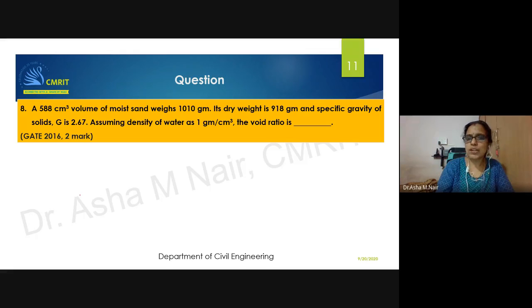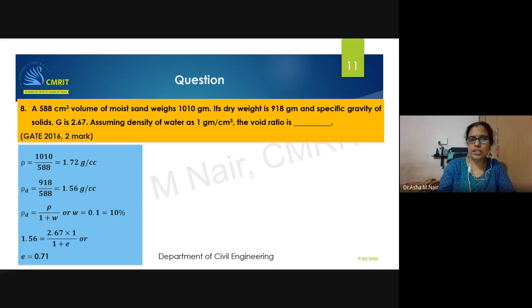You are also given the dry weight, which is 918 gram. So what will be the dry density? It will be 918 divided by 588. Now, you are also given specific gravity, and you have to just use the expression that we have already told in the previous sessions. You can look here.